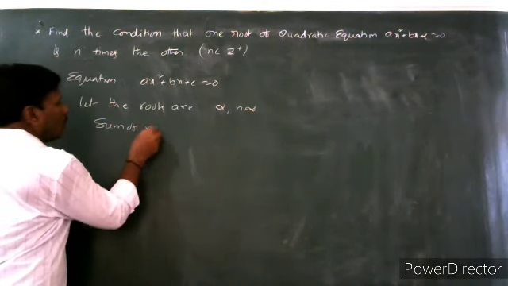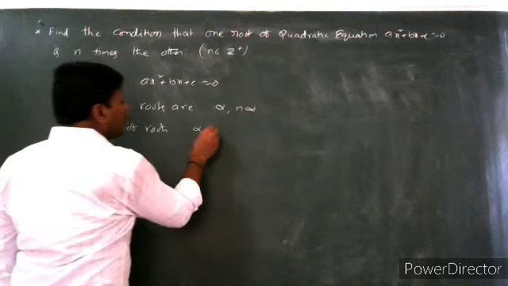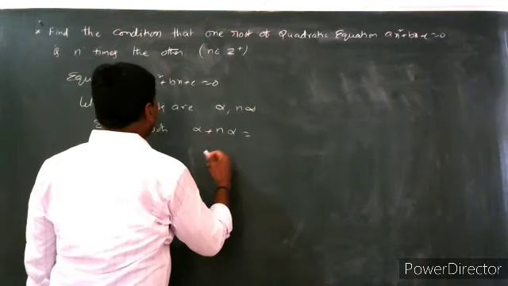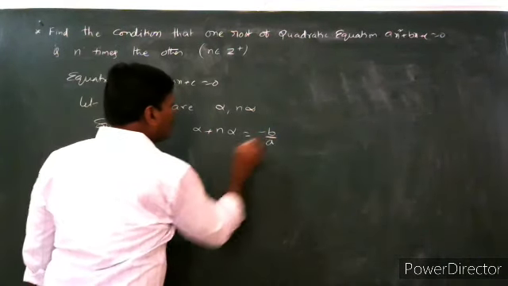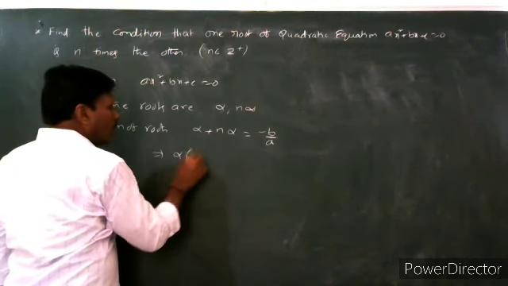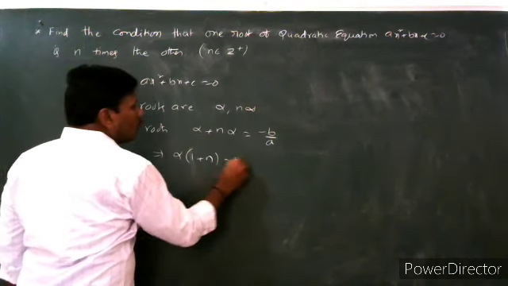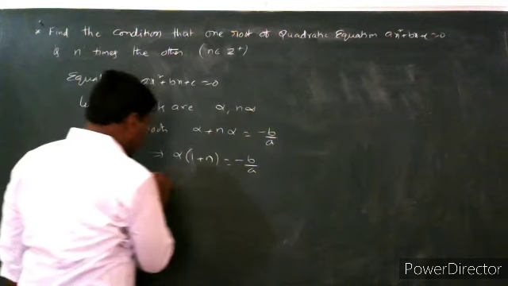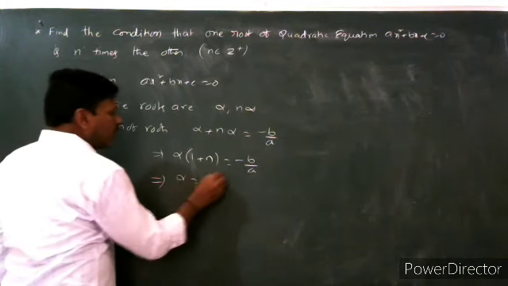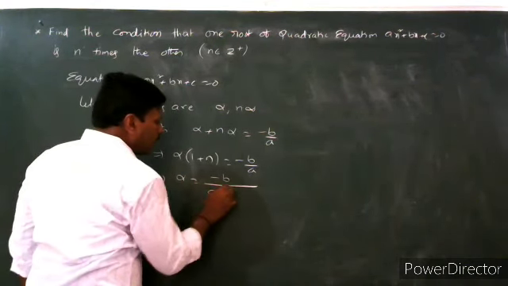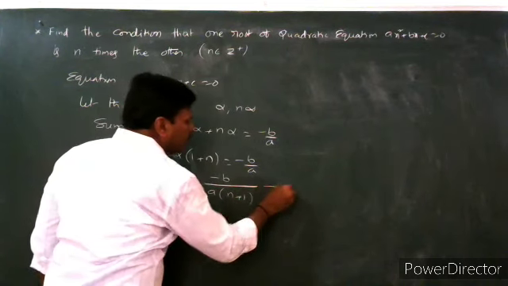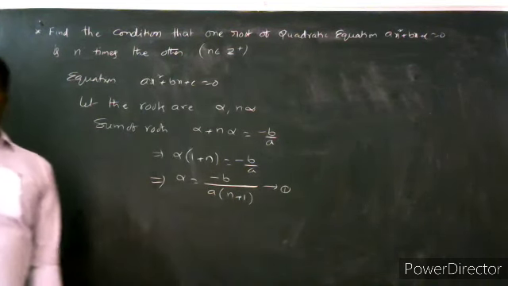Now the sum of roots, alpha plus n alpha, is equal to minus b by a. Alpha into (1 + n) is equal to minus b by a. Now alpha is equal to minus b by a into (n + 1). It is equation 1.